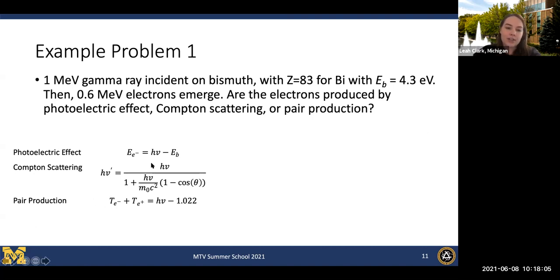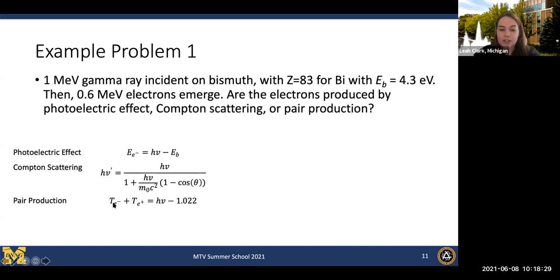I've included the equations that are relevant for this problem, so we don't have to go back in slides. Again, for the photoelectric effect, the photoelectron energy is equal to the incident energy minus the binding energy. For Compton scattering, the scattered photon energy is given by this equation with our incident photon and its scattering angle.